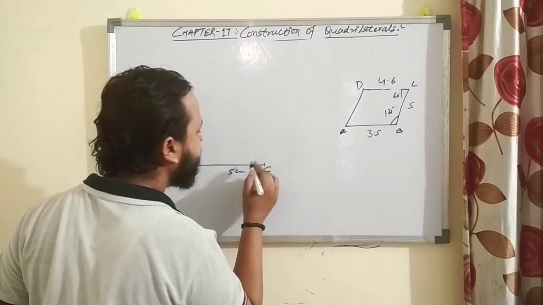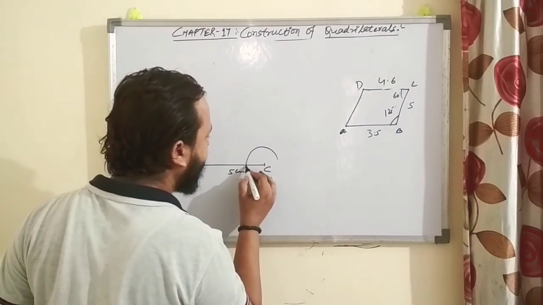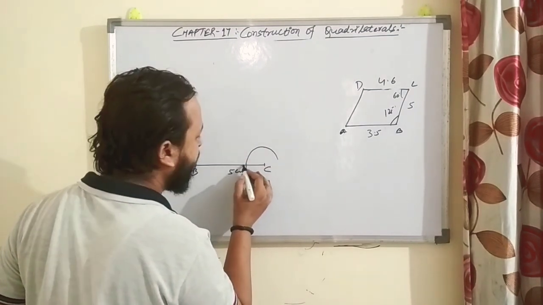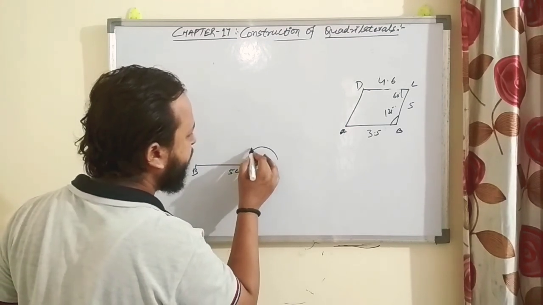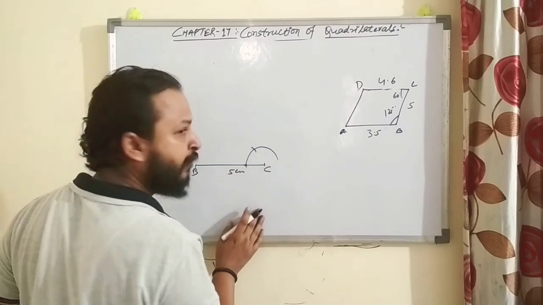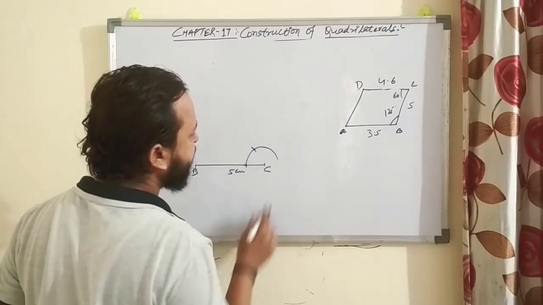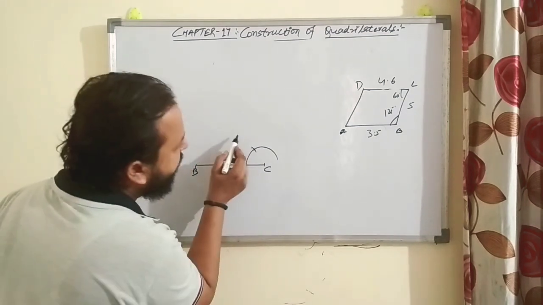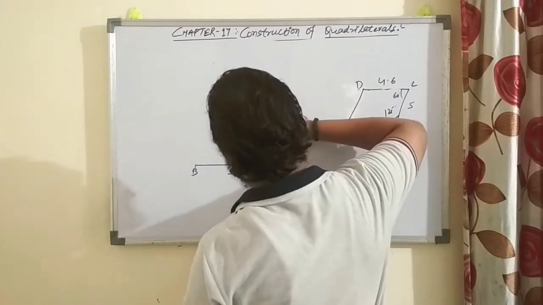Take any radius, draw a semicircle. Where that arc cuts line BC, take that point as the center and draw an arc on the semicircle. This point of intersection gives the angle 60 degrees. Draw a straight line.